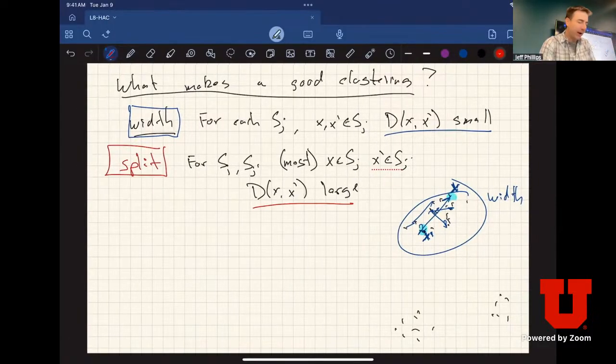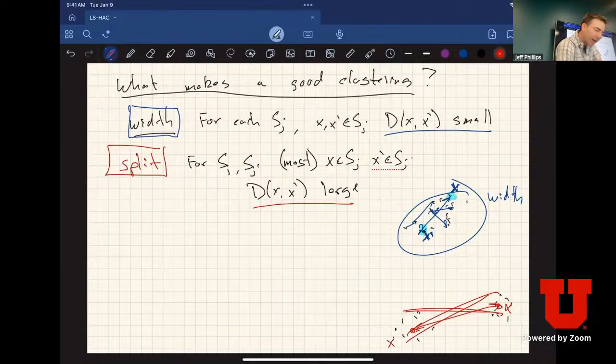If I look at the distance between these two clusters, I can look at all these distances. This is a point x, and this is a point x prime, from Sj prime and Sj. This notion is called the split. I want this to be large, so two clusters should be far apart. Again, I can quantify this by measuring the distance between pairs of points.